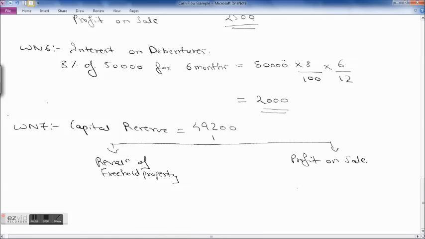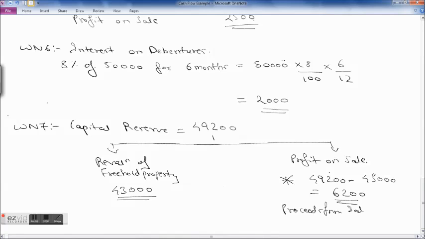Now see, the balance in the freehold property is 43,000. So after revaluation, your balance is 43,000. So balancing, that is 49,200 minus 43,000, that is how much? 6,200 is your proceeds from sale of freehold property.